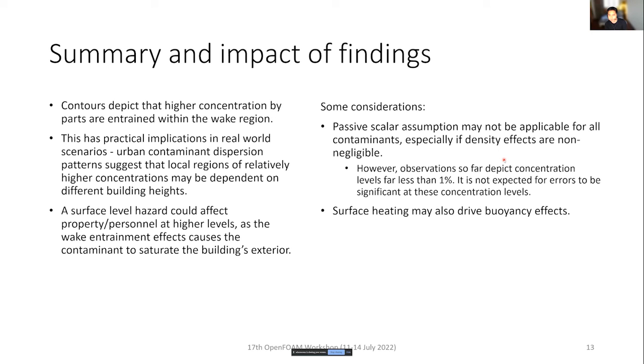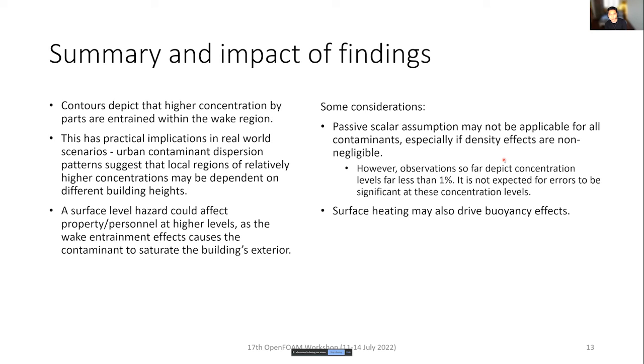This includes things like a chlorine leak, or even a typical tracer gas like sulfur hexafluoride, which is SF6. SF6 is about 5 times the density of ambient air, I think. So even at less than 1% concentration, we don't think that kind of level would affect the behavior of the bulk flow.